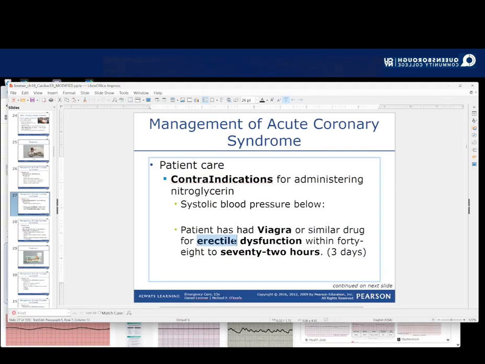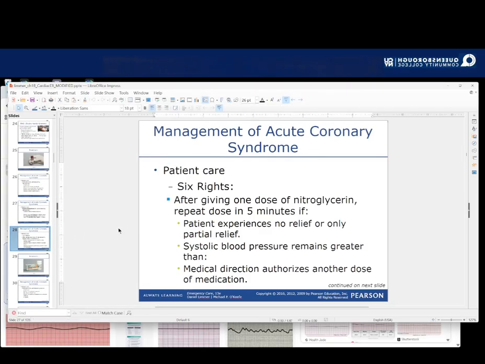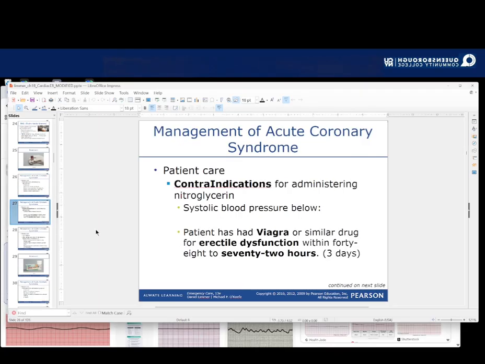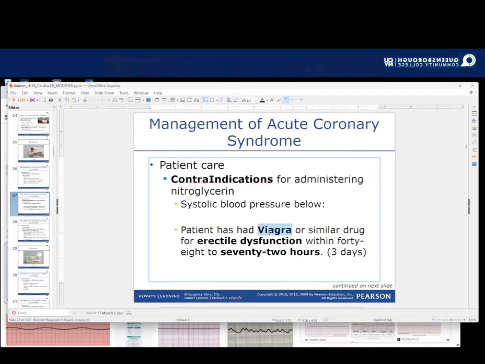But if you take a powerful vasodilator like nitroglycerin and combine it with a powerful vasodilator like this one, they have a synergistic effect, and that results in their blood pressure crashing. Because the blood vessels get wider everywhere, larger container, same amount of fluid, the pressure will go down.